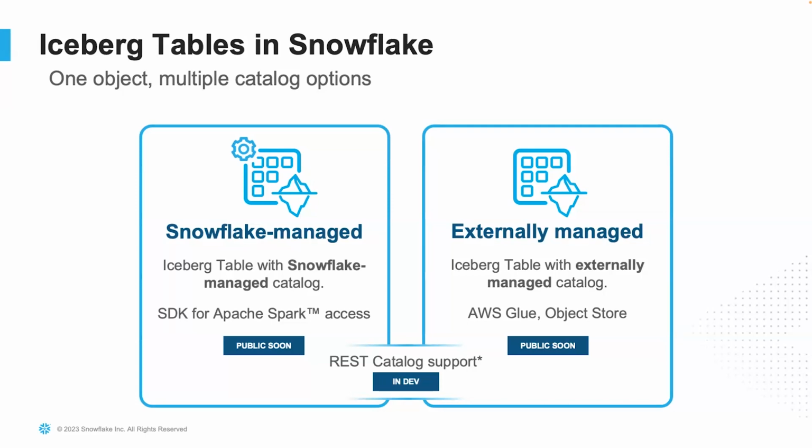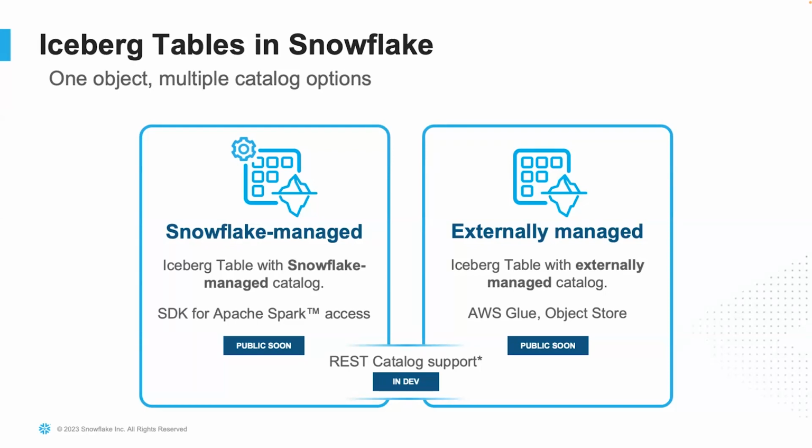There are lots of catalog options supported within the Iceberg project. With the Iceberg table offering in Snowflake, you can use Snowflake as your Iceberg catalog. You can also choose to integrate with an external Iceberg catalog as well. We've contributed to the Apache Iceberg project an SDK that allows for Apache Spark to access the Snowflake managed Iceberg tables.